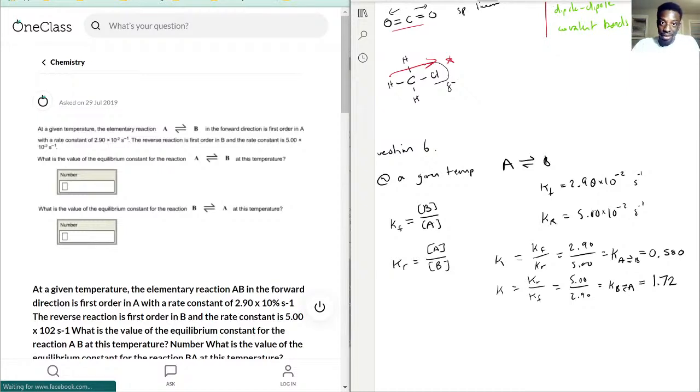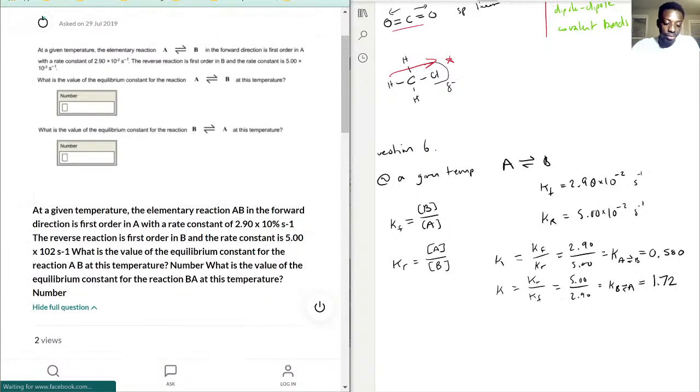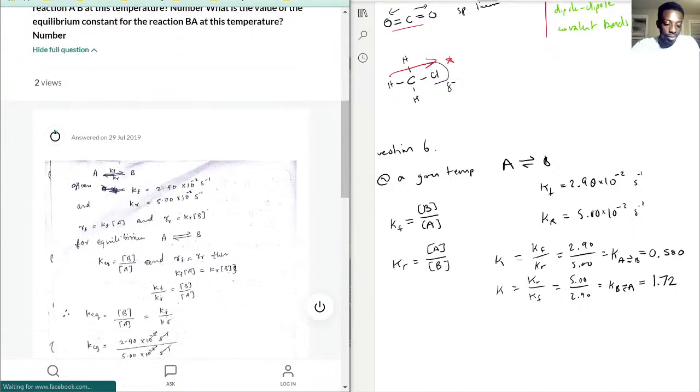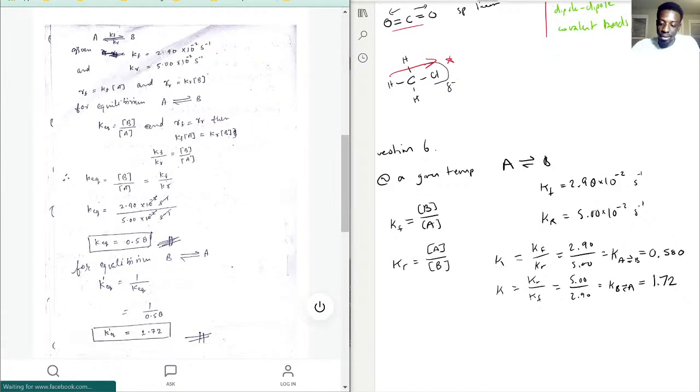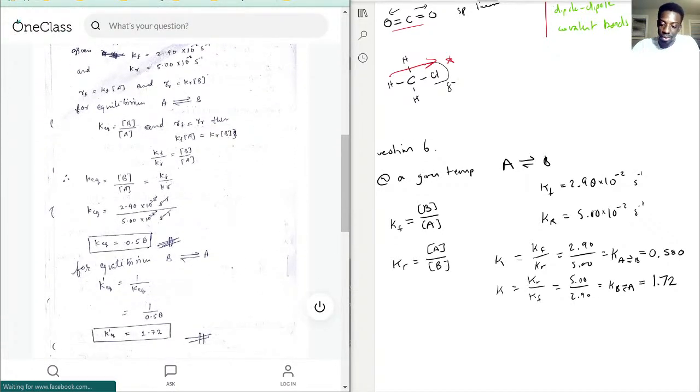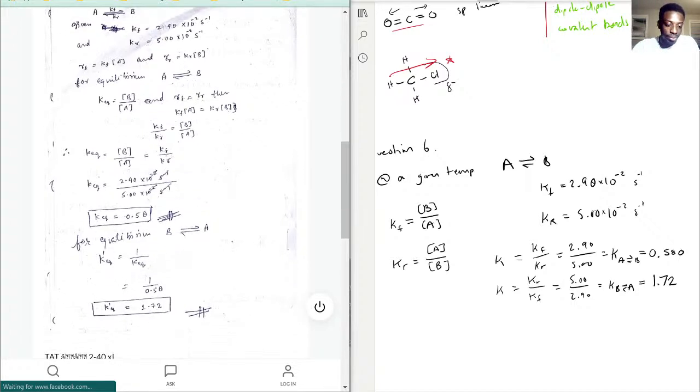And you notice it doesn't really have any units because it's just two rate constants divided by each other. So K equilibrium for the first one is 0.580, and for the second one is 1.72.